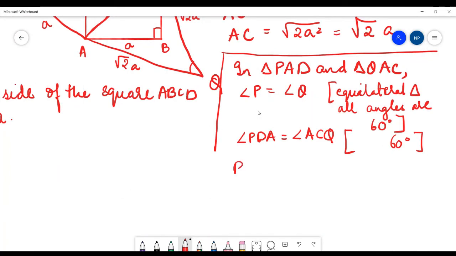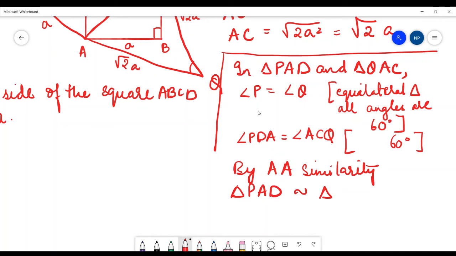Can we write by AA similarity? We can write that triangle PAD is similar to triangle QAC.